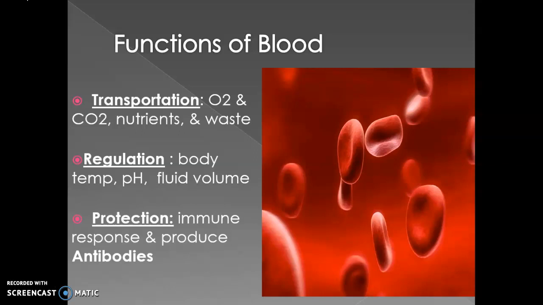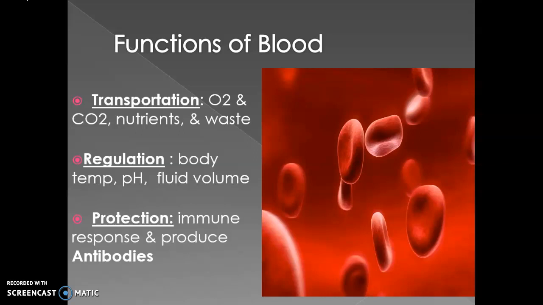Regulation. Blood helps to regulate a lot of things. It helps to regulate temperature. It helps to regulate pH and also composition of body fluid. Now, how is that done? Well, as we exercise, the heat is absorbed by the blood, and that helps us to maintain body temperature.